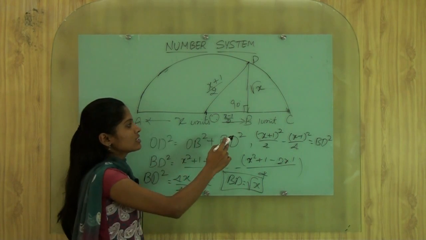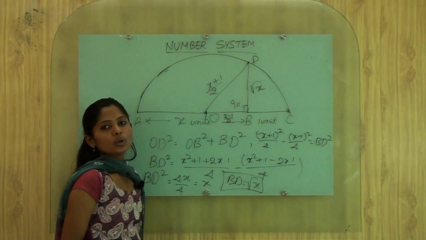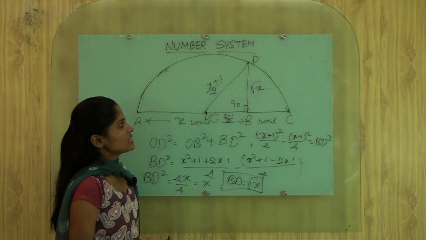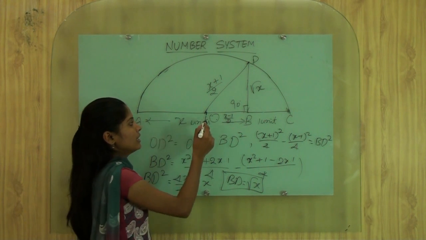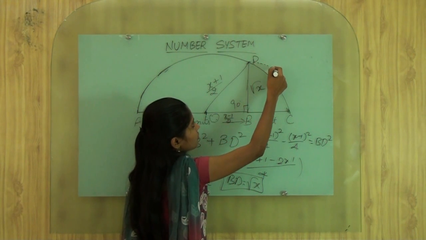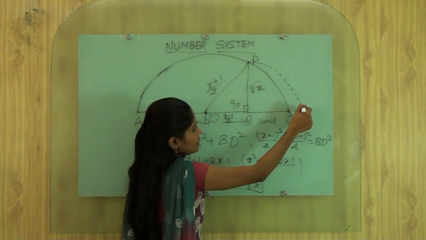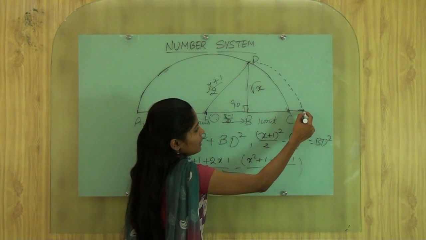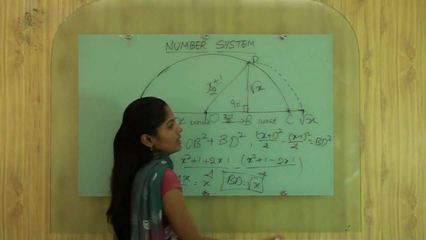If it is 4 units, then BD is root of 4, which is equal to 2. How do you represent it on the number line? Same. Take O as origin and draw an arc from BD. It will intersect at a point on the number line. Then this value is root of x.